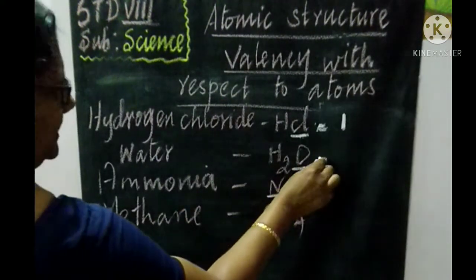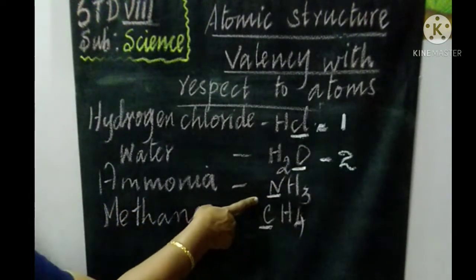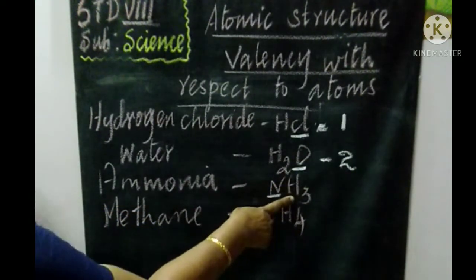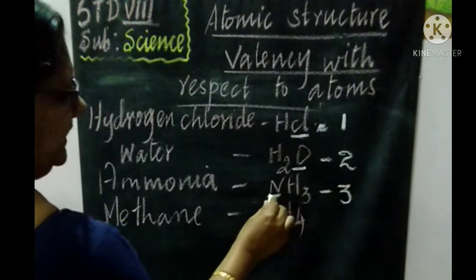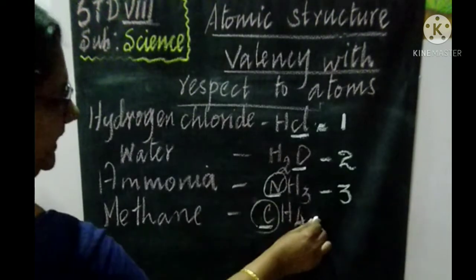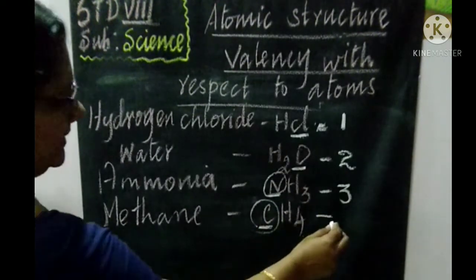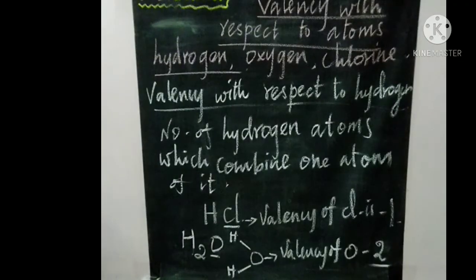Here the valency of oxygen is 2. What is the valency of nitrogen here? Yes, 3 hydrogen atoms are attached, so the valency of nitrogen is 3. Here the valency of carbon is how much? Yes, it is 4.